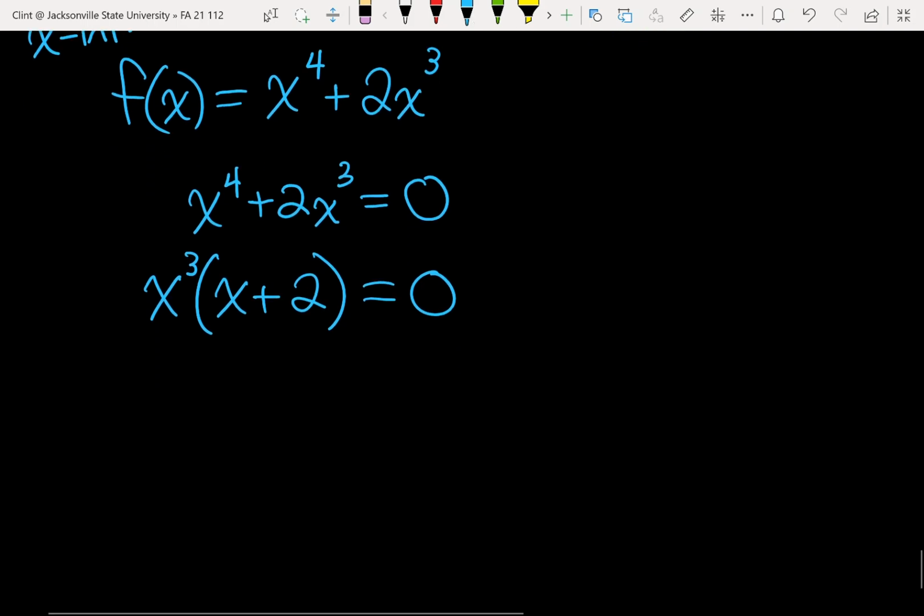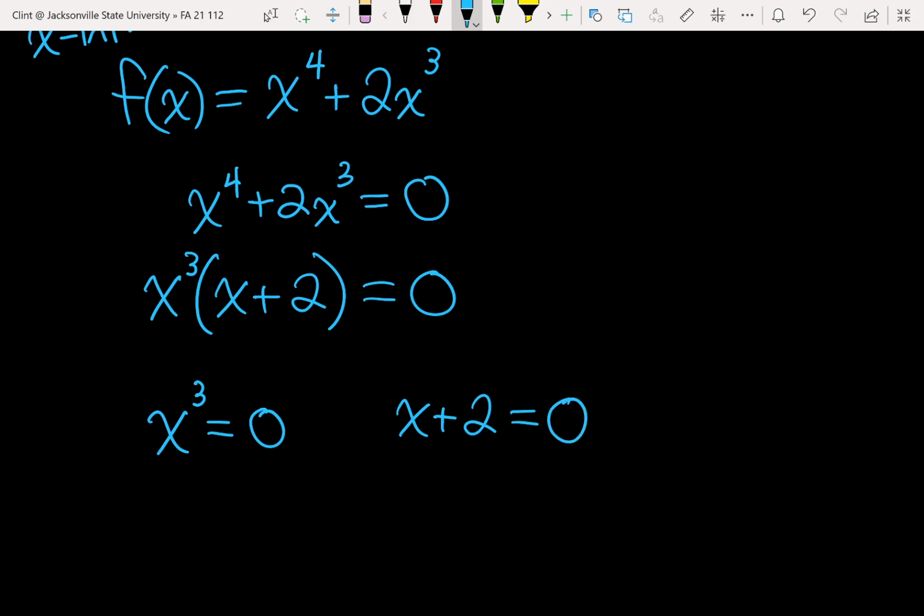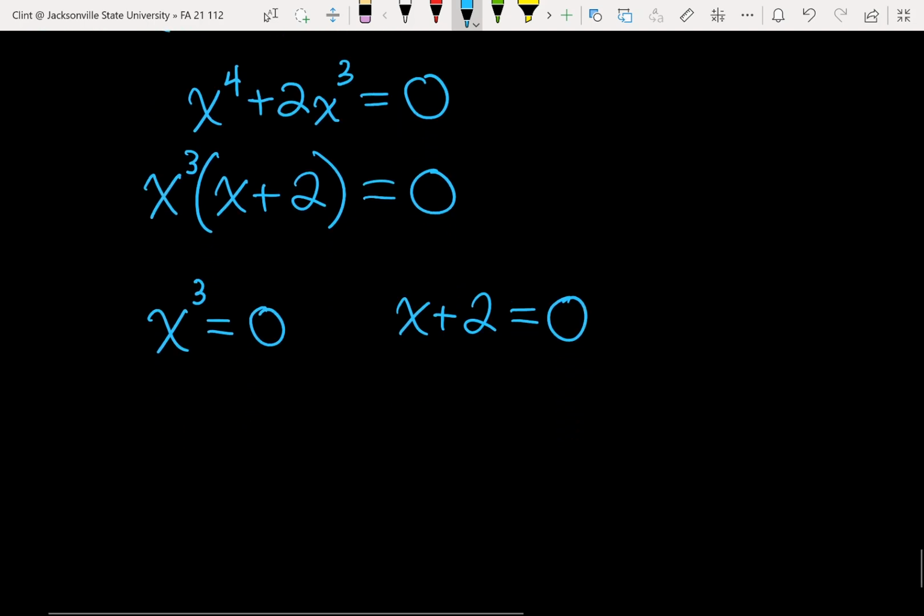Then if we set each one of these factors equal to 0, the one on the left, you can just look at it and see that x has to be 0. You can think about taking the cube root of both sides if you want to. That's okay too. But we end up with 0 there.